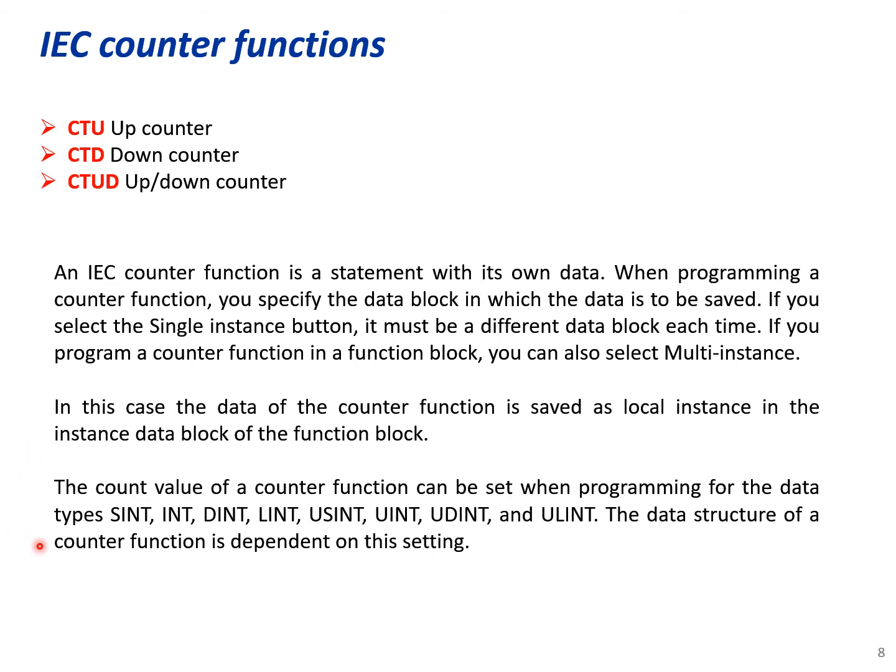The count value of a counter function can be set when programming for data type as SInt, Int, DInt, LInt, USInt, UInt, UDInt, and ULInt. The data structure of a counter function is dependent on this setting. So you can choose what type of data block you wish to have based on the type of the input.